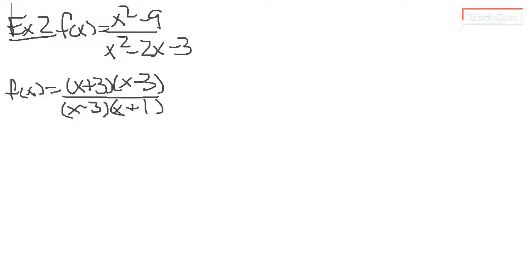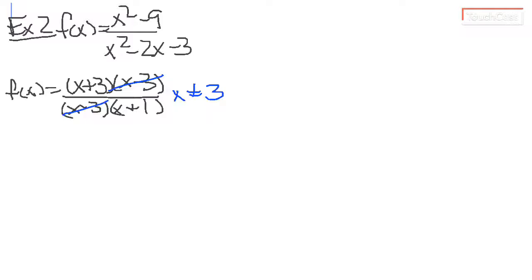Now I notice then in my numerator and denominator I've got a common factor, so I'm going to eliminate it. But I do need to keep in mind that x cannot equal 3, because if it did, we would still have a little issue in our function.